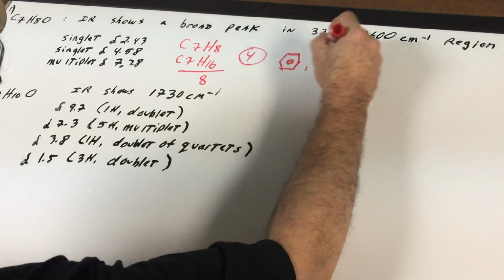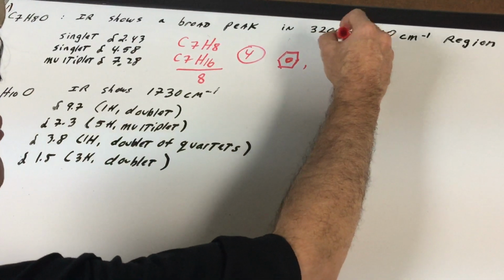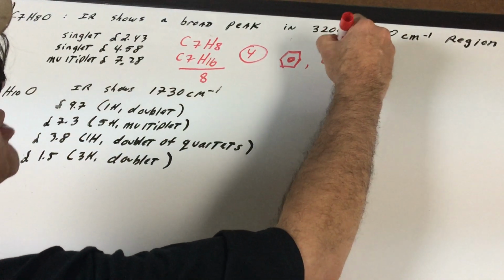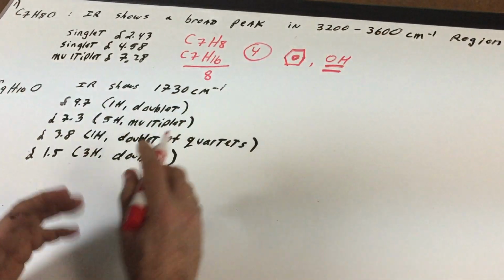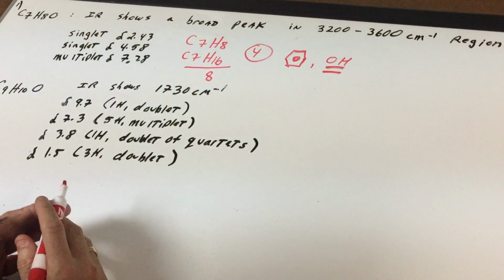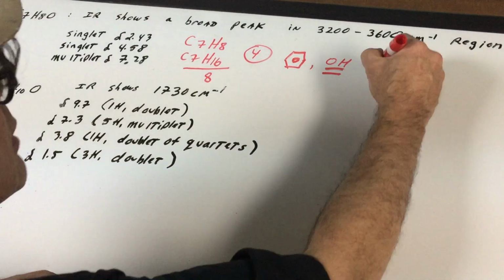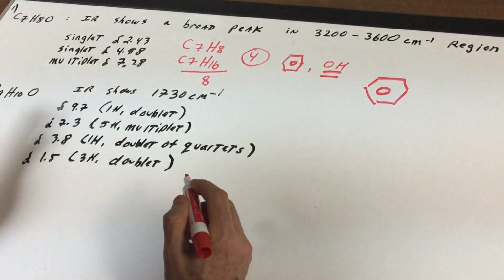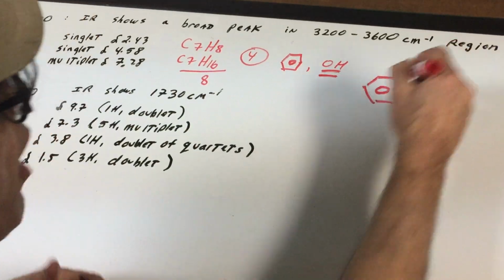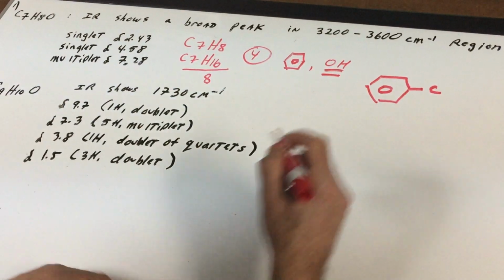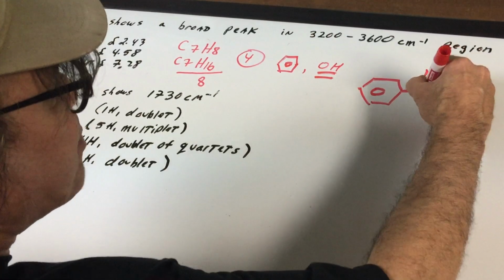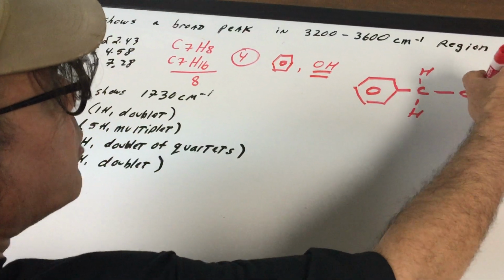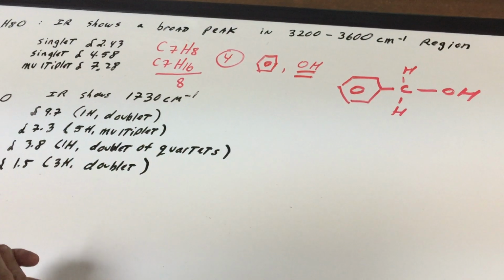The next thing I do is look at the IR data. 3200 to 3600 suggests to me that there is an OH group present, because that's the alcohol signal. So we now know we have at least 6 carbons out of the 7 accounted for. The 7th carbon must obviously be attached to the benzene ring, and all we would do is put in our H's, and we would get benzyl alcohol.